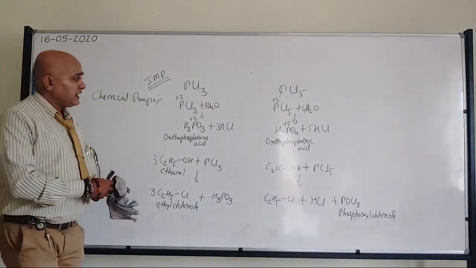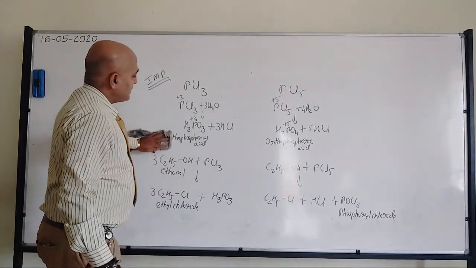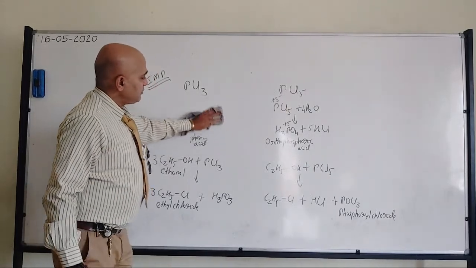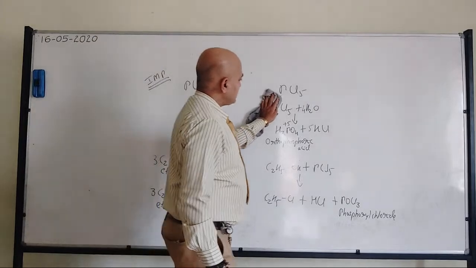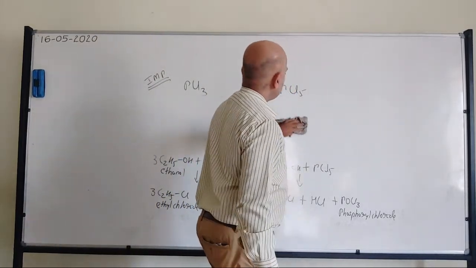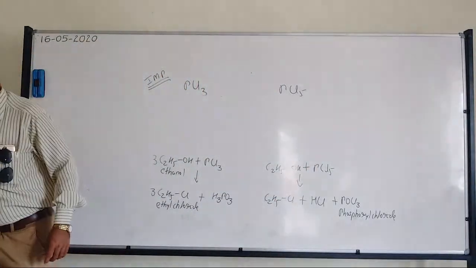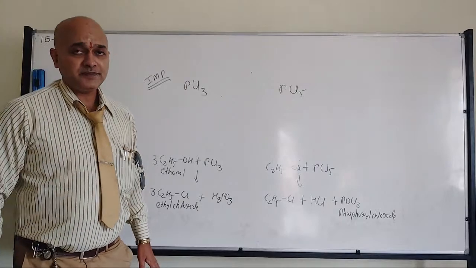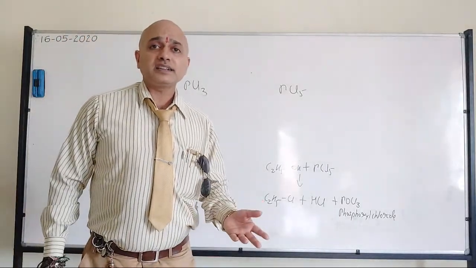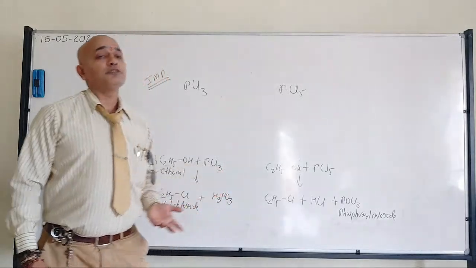Now, in the same way, you have understood this one, right? The question can be, why is there formation of fumes when PCl3 or PCl5 is exposed to water or moisture? The answer should be due to the formation of HCl. Or they can ask, write the reaction involved when PCl3 gets hydrolyzed.